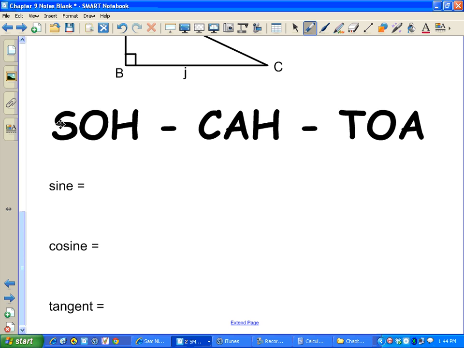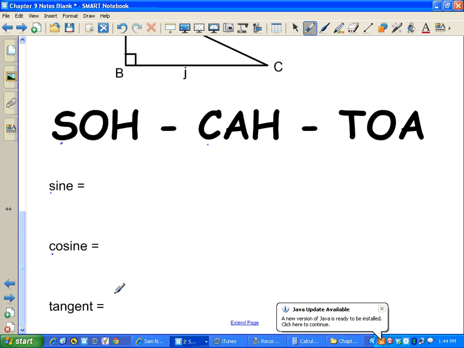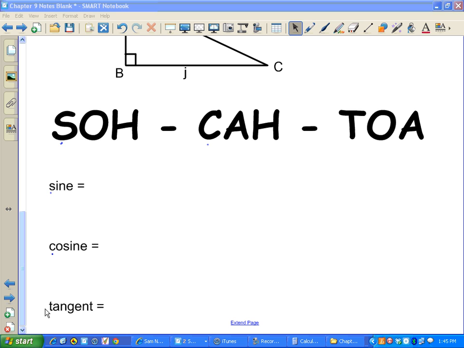And the way to remember which function does what is by the phrase SOHCAHTOA. So if you notice, I've got S for sine, C for cosine, and T for tangent.